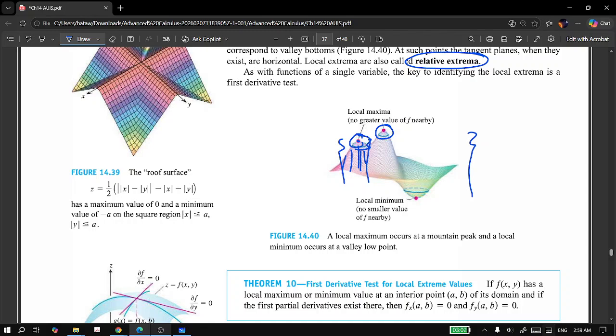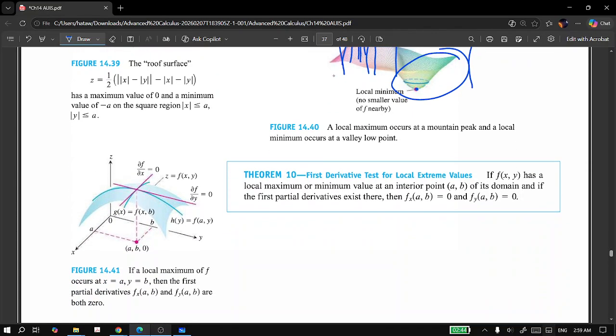This point, the same thing, it's max, and it is more than every other value that is in that domain of the function. And this one is minimum because it is the smallest value in that region, in that area that we have got for the function. This is in pictures.